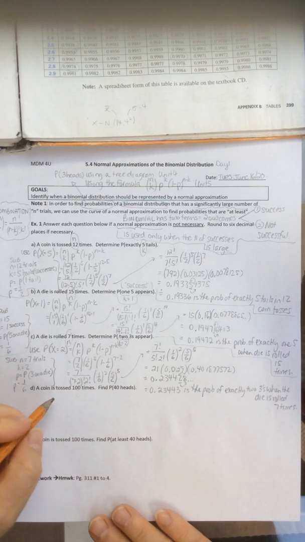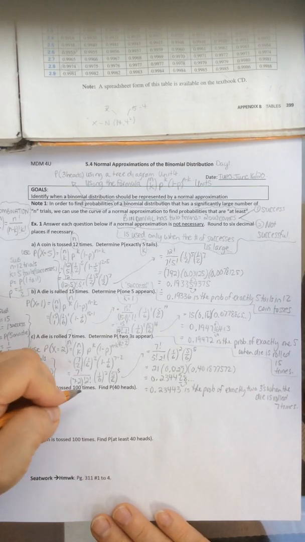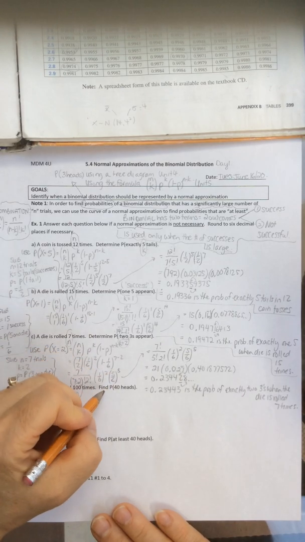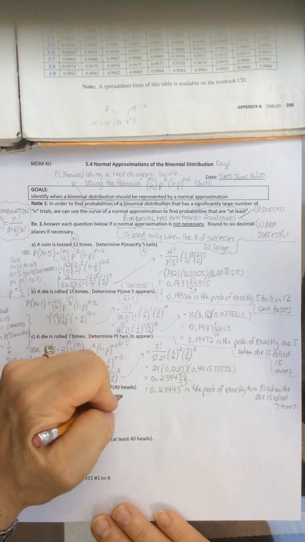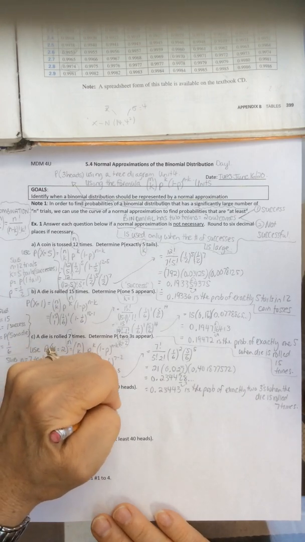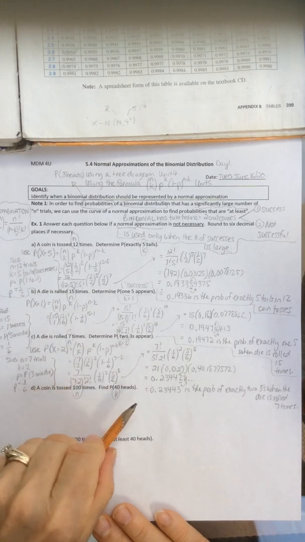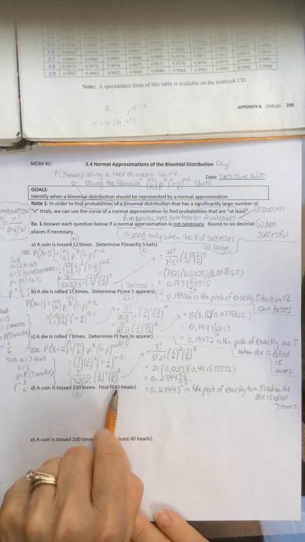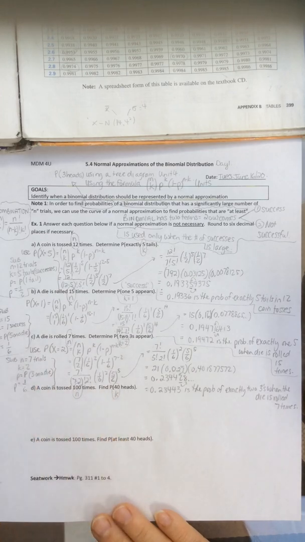All right, so if a coin is tossed 100 times, that means our n value is 100 trials. I want to find exactly the probability of getting 40 heads, and that in this case is the k value. Notice that heads is not being assigned a value per se. It's the number of successes, and that's really what we transition to do.